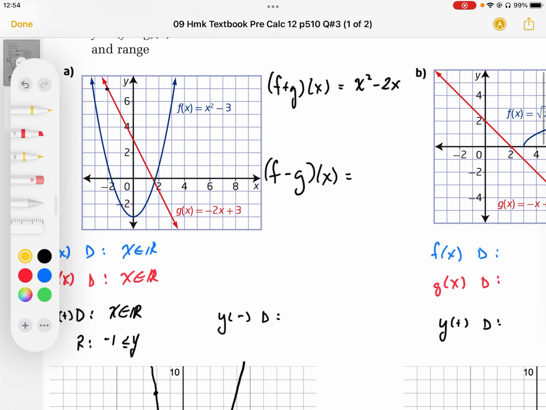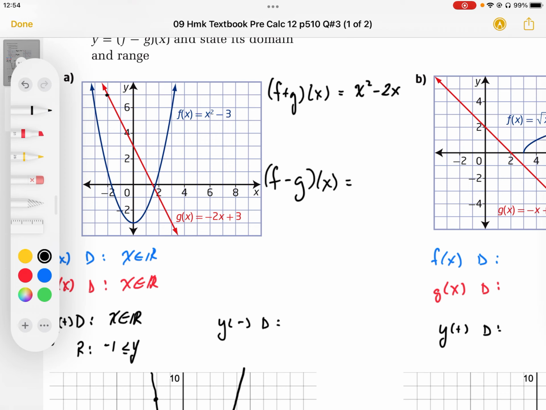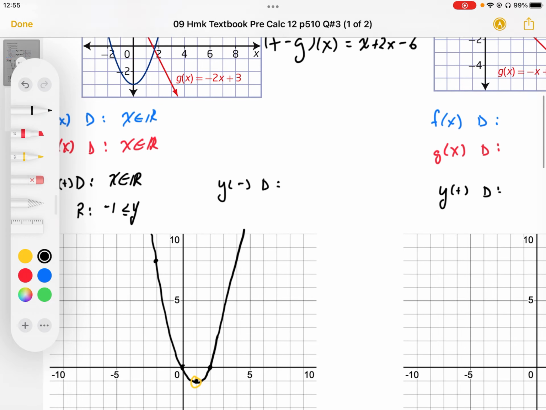In terms of the subtraction, when I subtract these functions, I'm going to end up with f minus g, so I'm going to end up with x squared plus 2x minus 6. Okay, so this again is a parabola. It has a vertex at negative 1. Using vertex formula again, I can get a vertex at negative 1.